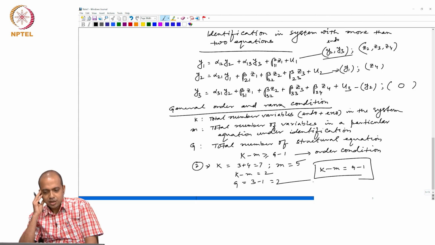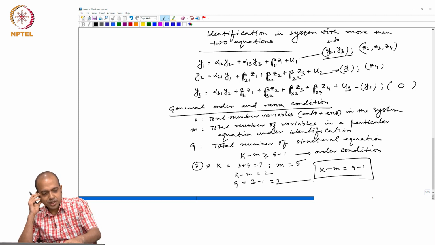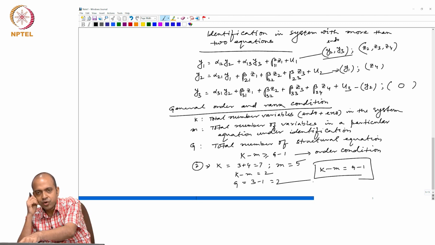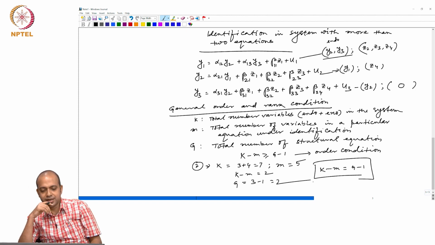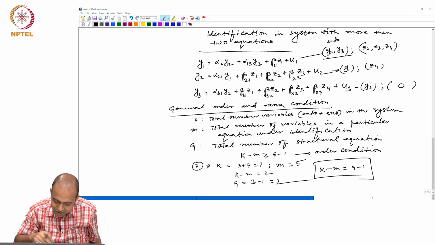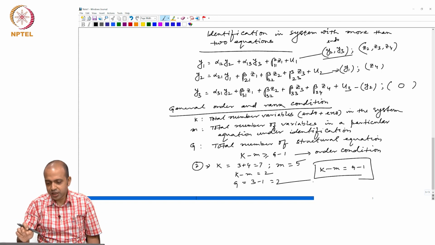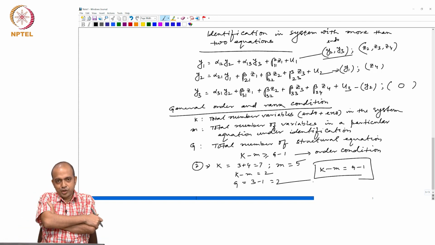right. Now, if you think about the second equation individually, as I said, there is one endogenous variable and one excluded variable only. So, that is why from this equation I can easily say that the second equation is exactly identified, right. So, this is the general formulation, and the same thing happens when you individually look at the equation.